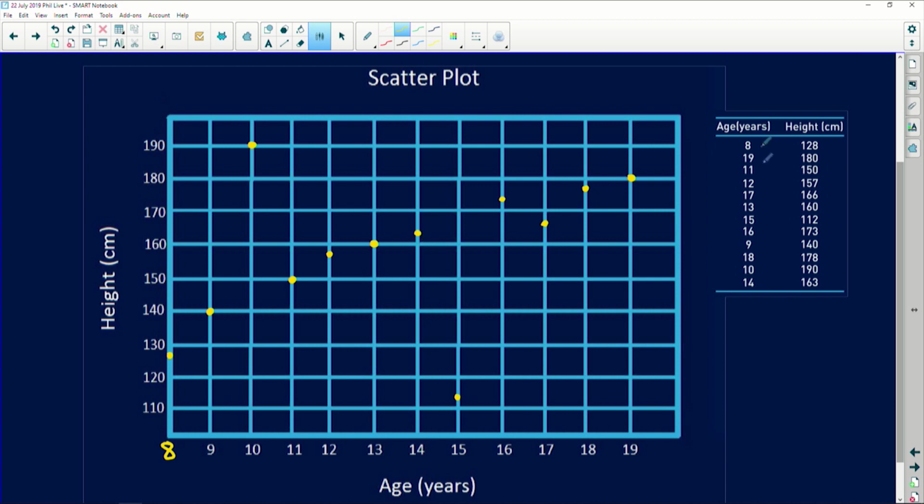Just make sure you know which variable goes along which axis. Remember, x-axis, y-axis, independent variable, dependent variable.